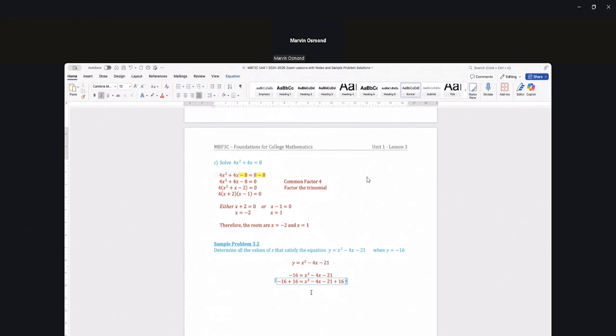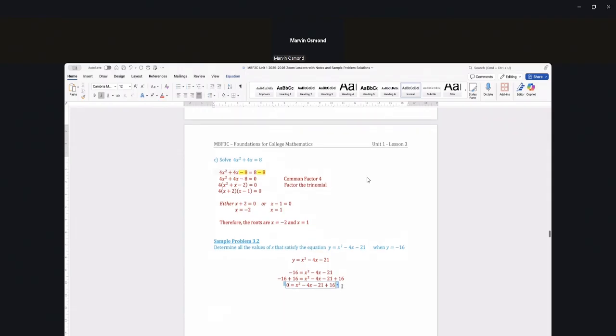So now I'm just going to copy this again, go down below it. Okay, and back up. So now negative 16 plus 16 is 0. Okay, that's gone. 0 equals x squared minus 4x minus 21 plus 16 is minus 5.